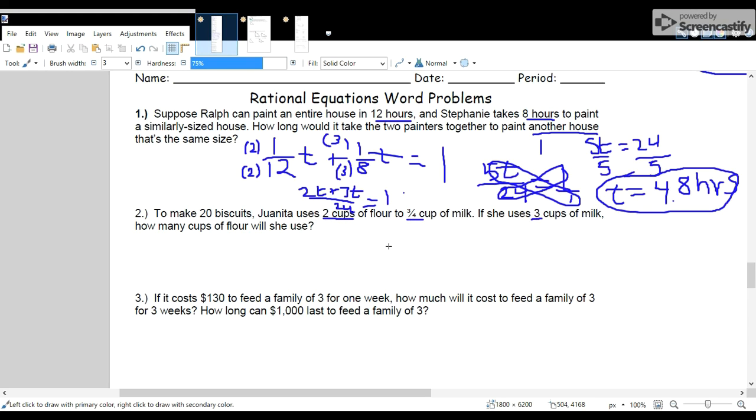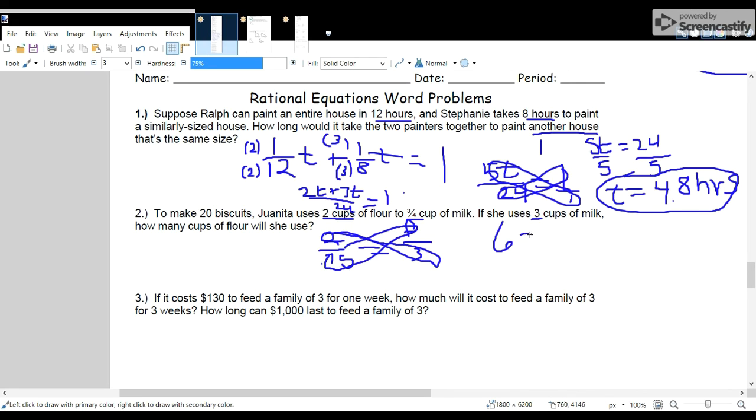So we have 2 cups for every 3/4, which is the same thing as 0.75, and 3 cups for how many flour. So flour over milk equals flour over milk. So now we'll cross multiply and solve for F.